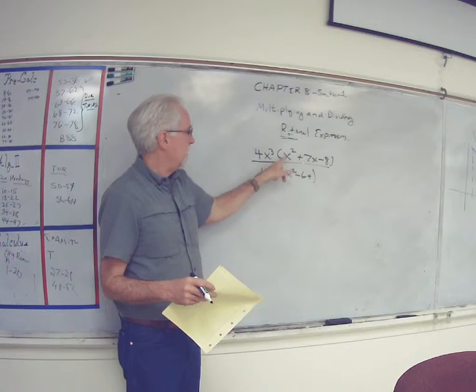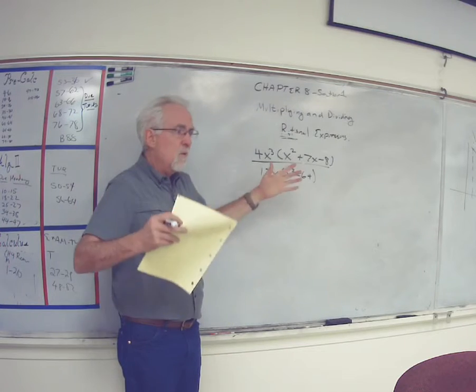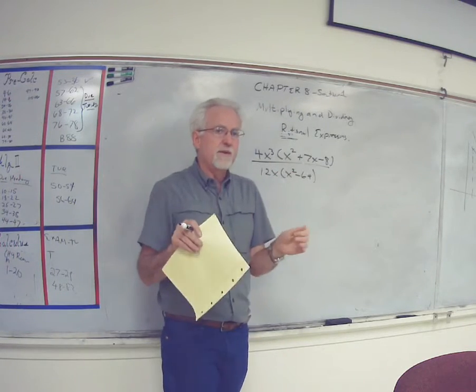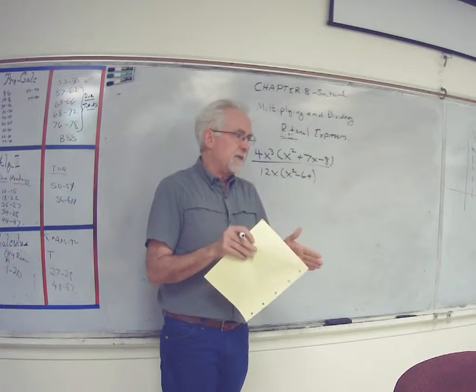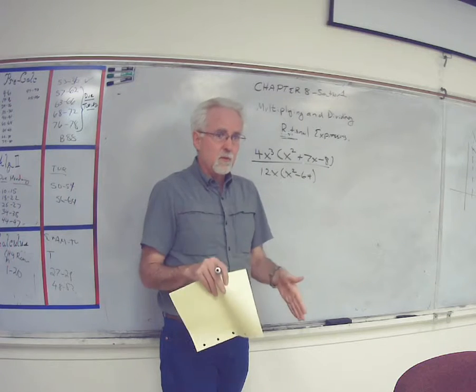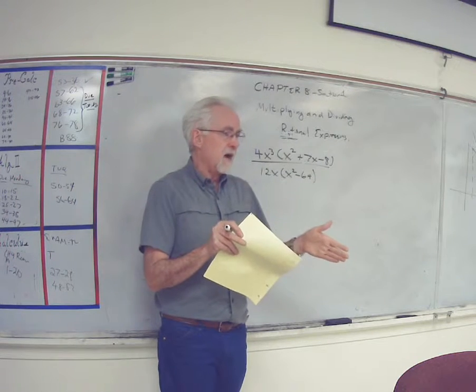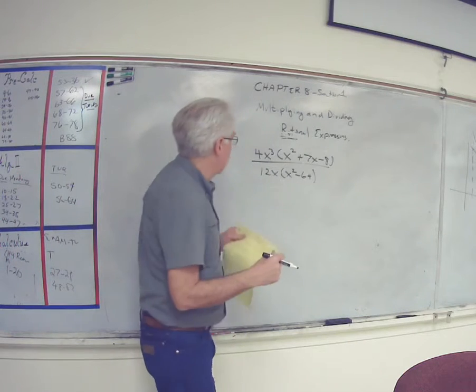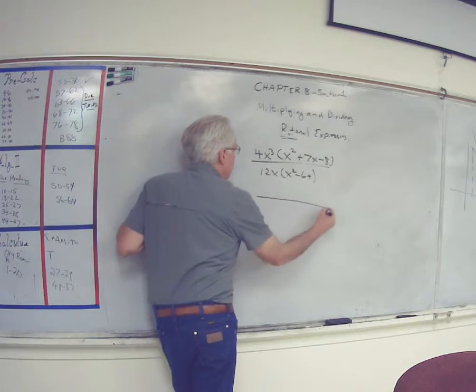Will the x squared and x squared reduce? No, because those are part of a bigger term. Only the things that are multiplied can reduce. If you have apple times banana times avocado, those are all multiplied together and you could reduce them, but if you had avocado plus 1, now you can't reduce the avocado. So let's go ahead and do the reduction.